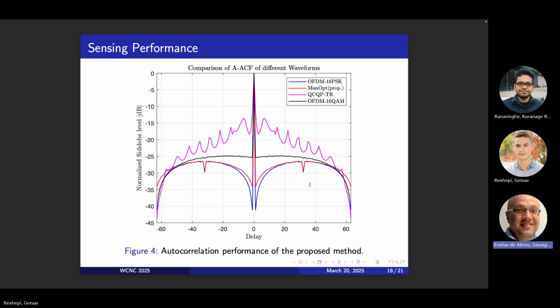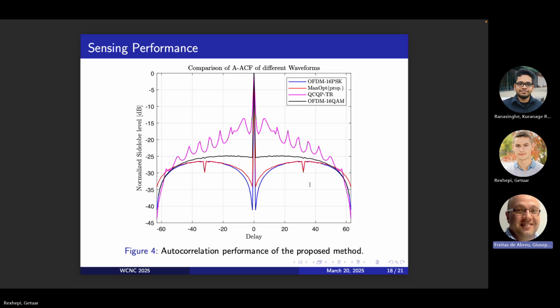Because the highest point is what defines the peak to side lobe ratio anyway.